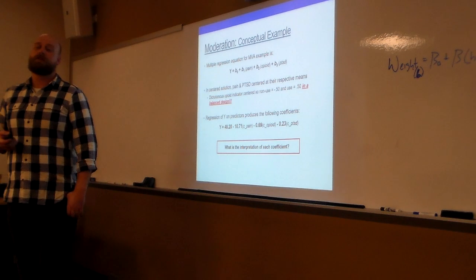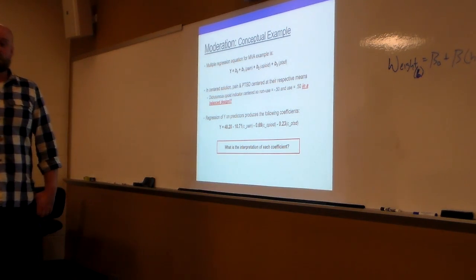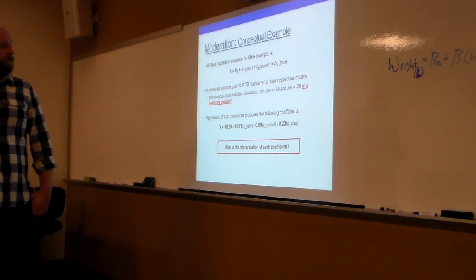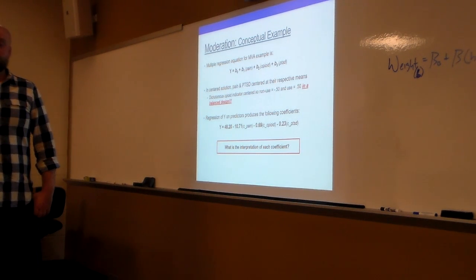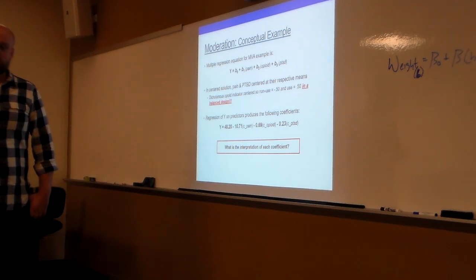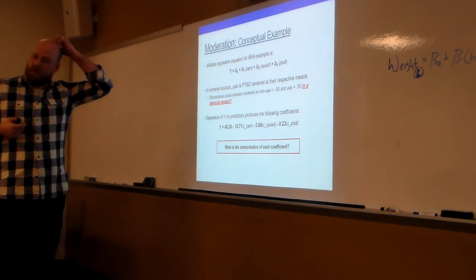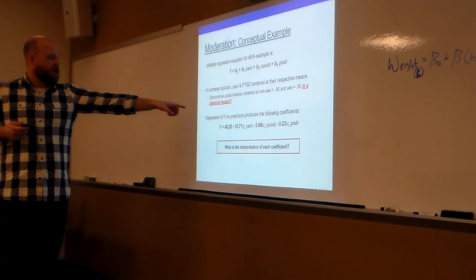For every unit increase in PTSD, you'll see a 0.3 decrease in role functioning, holding for opioid use and when pain is at its mean. Okay, yeah, so holding pain at its mean and controlling for opiate use. Right. Amelia, you want to take a crack at opiate use here?